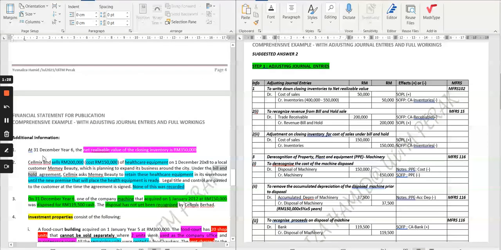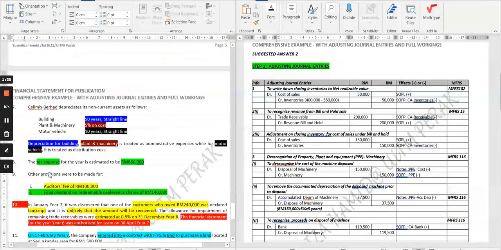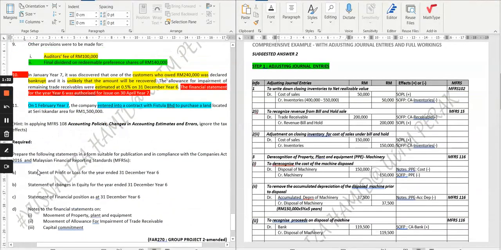If you look at the requirement of the question, if you go directly to the required section here, you are asked to prepare the following statements in a form suitable for publication and in compliance with the Companies Act 2016 and Malaysian Financial Reporting Standards. The applicable and approved Malaysian Financial Reporting Standards used in Malaysia are equal to those issued by the IASB, namely the IFRS and the IAS.